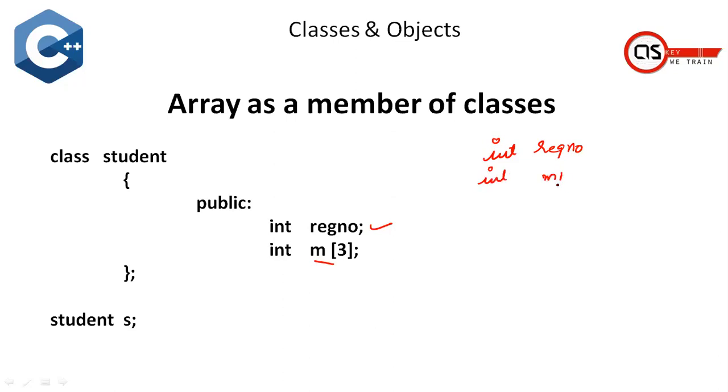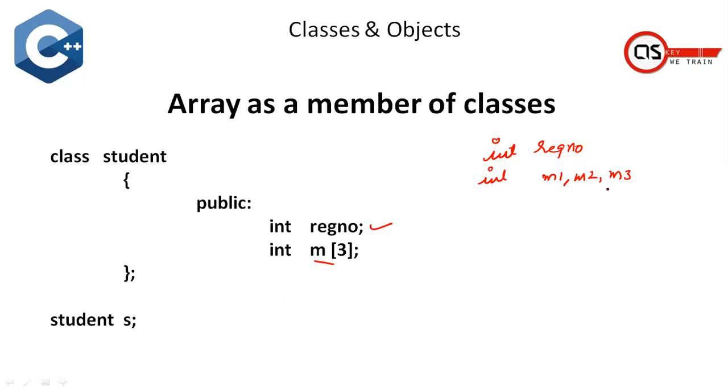I would like to read the marks of a student for three different subjects, so I declare M1, M2 and M3. What happens if I have to store 10 different subjects' marks? I cannot keep on declaring M1, M2, M3, M4, M5, M6, M7, M8, M9, M10, which becomes a cumbersome process for me.